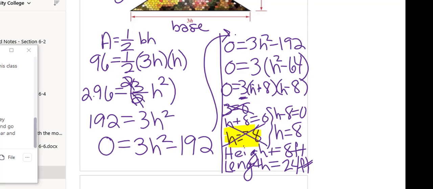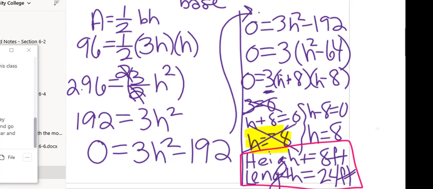This would be our answer, so let's go ahead and box it in. Setting up the equation is a big part, and after that, we're going to use factoring to solve.